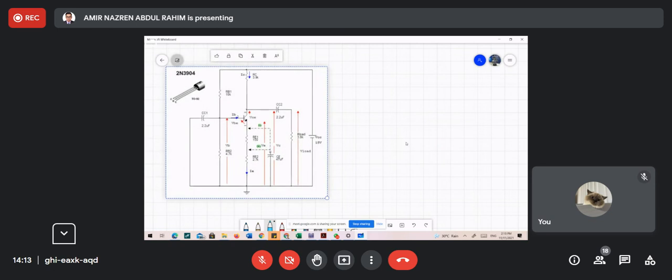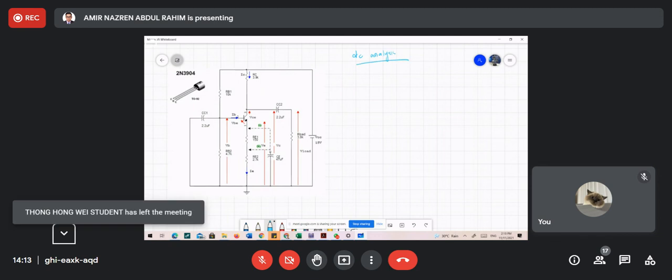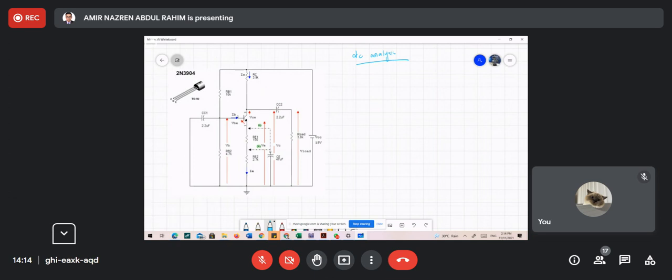Previously, we had the amplifier circuit like this, but now in the DC analysis, first we need to short circuit the AC source.